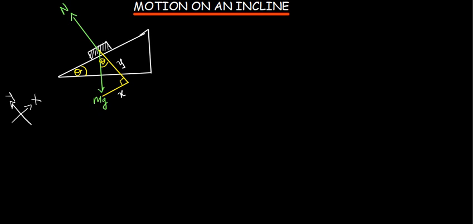Now the sine of an angle theta is given by opposite over hypotenuse. The side opposite to the angle is x, over the hypotenuse, mass times gravity. Making x the subject of the formula, x is going to be mg sin theta.